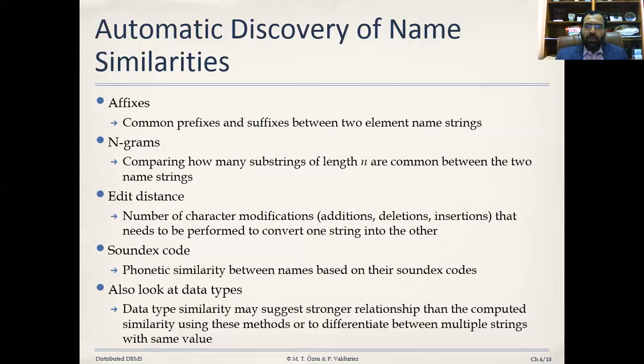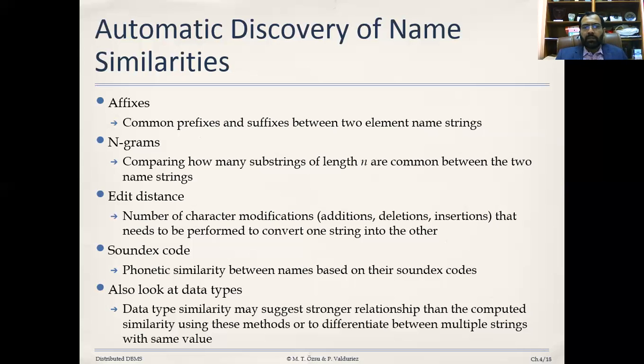You can apply additions as well. To make these two values the same, Dr. Nadeem Mahmood, Dr. Nadeem Mahmood, you delete the PhD and add Mahmood in the element of schema 1, and then they become similar. That is why these modifications are normally represented in terms of additions, deletions, and insertions, which basically convert one string to another.